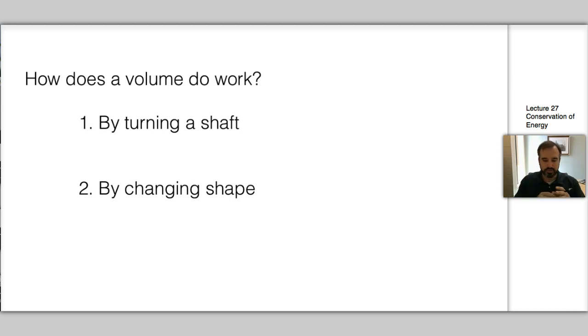The first one is by turning a shaft. If the fluid's turning something, it's doing work on that shaft. A good example of this is a water wheel. You have some water wheel and some shaft attached to it, and it's got some paddles like this, and you have a flow going past it and it's turning this shaft, then that fluid is doing work on that shaft by turning it as it flows by.